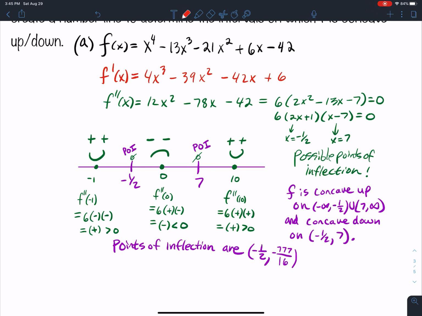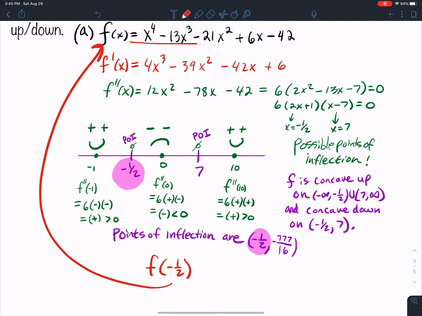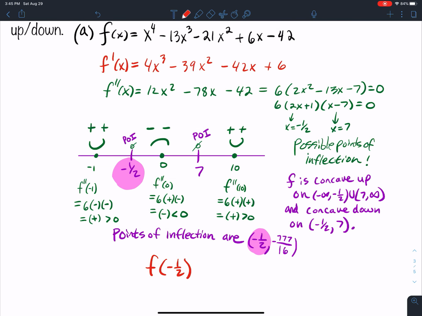So the points of inflection are negative 1/2, comma, and then I plug negative 1/2 into my function here. So I'll literally take f of negative 1/2, and if you plug that into that nasty function up here, you're going to get negative 777 over 16. Okay, yikes.